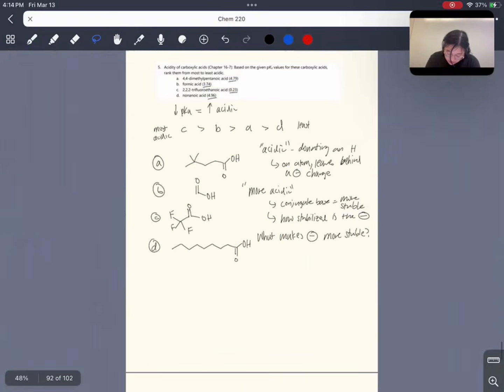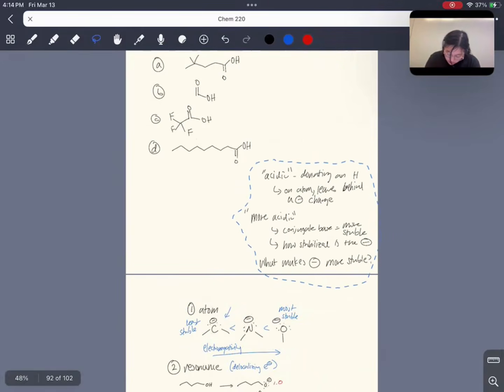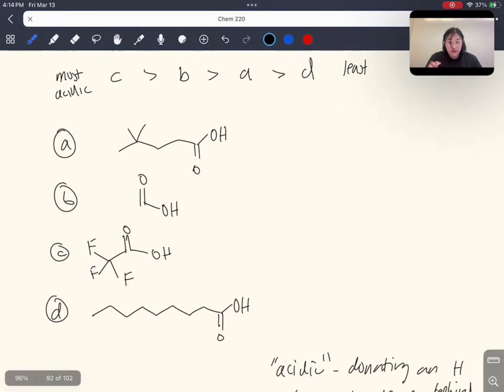Okay. The first step to doing acidity and basicity rankings is, I would say, to always draw the conjugate base or the conjugate acid. Always draw the conjugate form instead of doing it in your head.